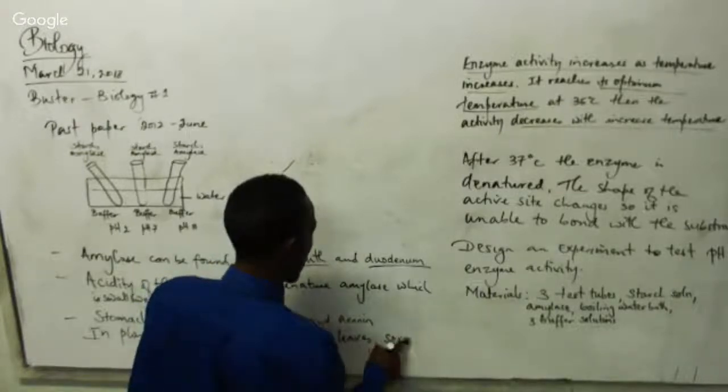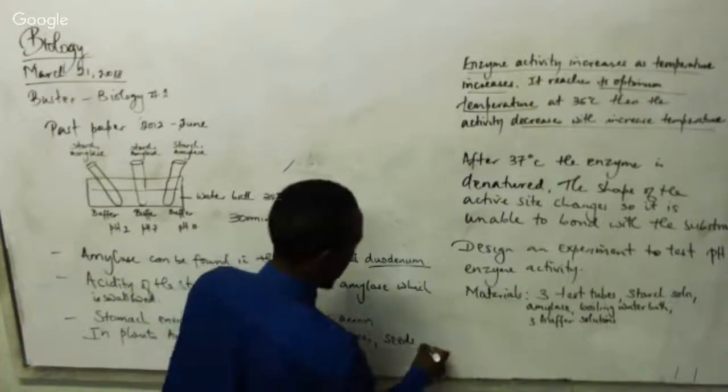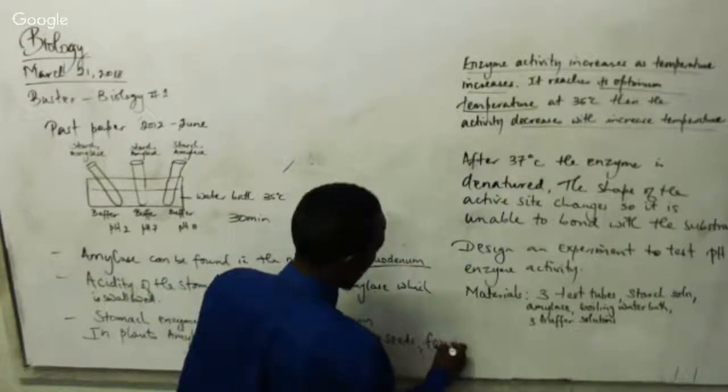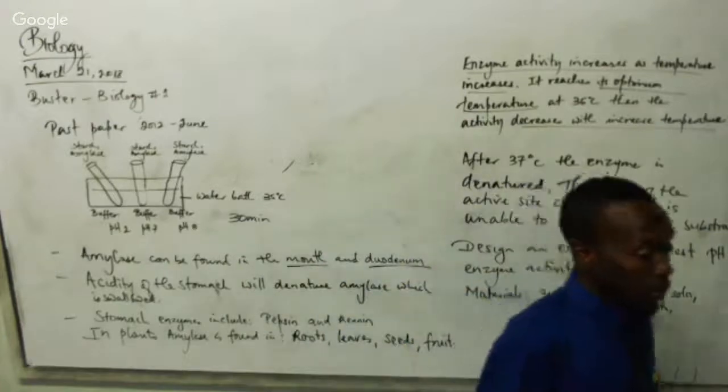Seeds are part of a plant, where the fruits come from.